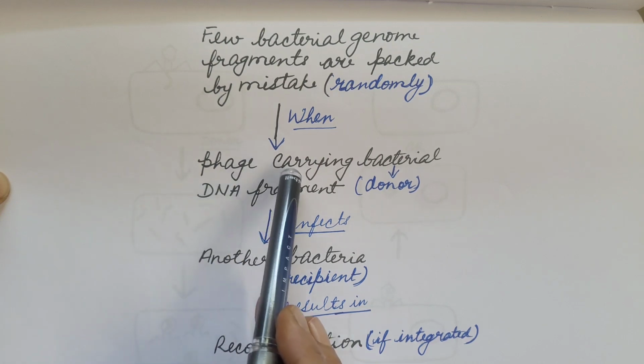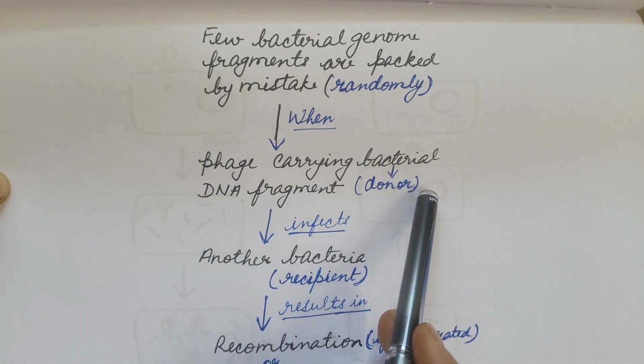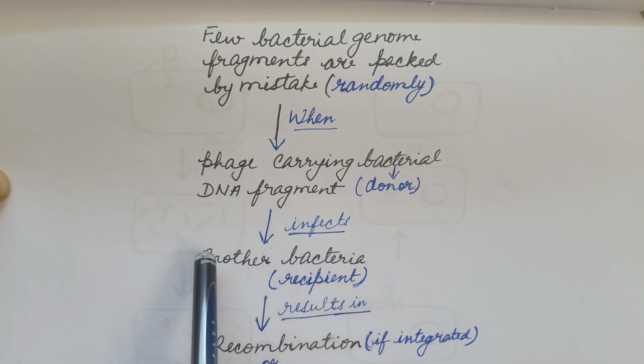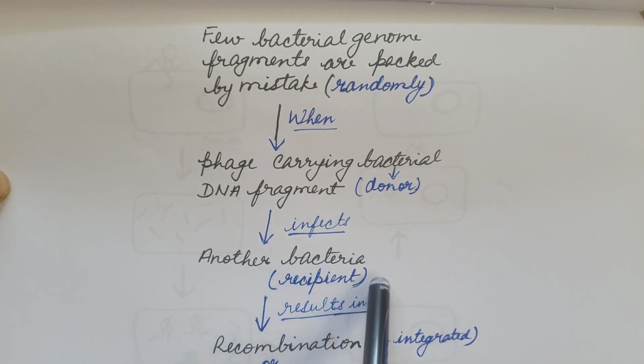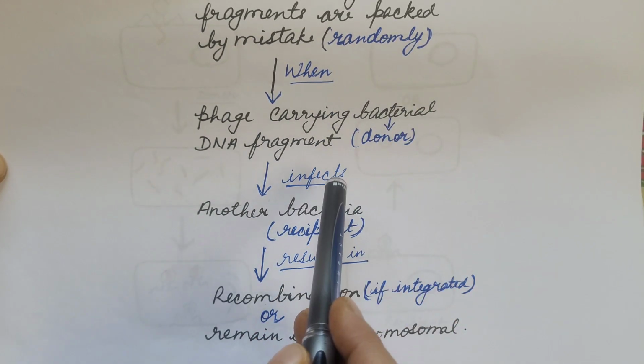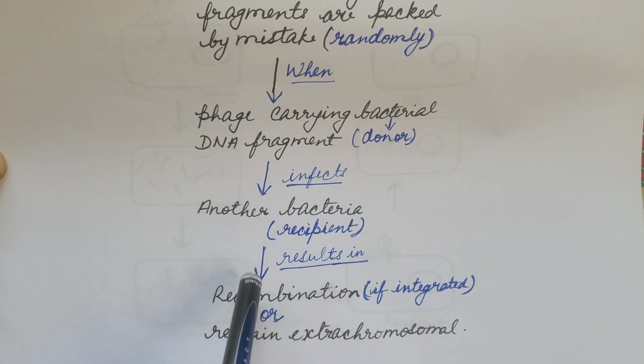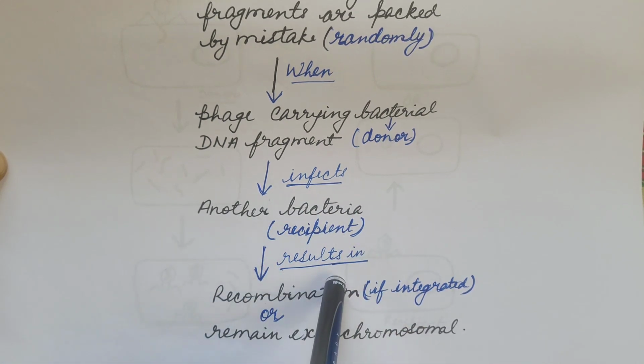When phage particles carrying the bacterial DNA fragment, that is the donor bacterial DNA fragment, infect another bacteria which we call the recipient, then the donor bacterial fragment is injected into the recipient bacteria, and once it enters the recipient bacteria, it has different fates.